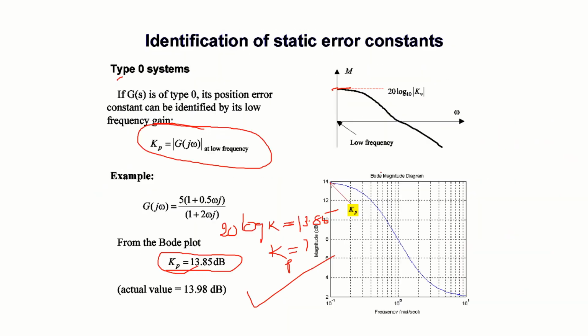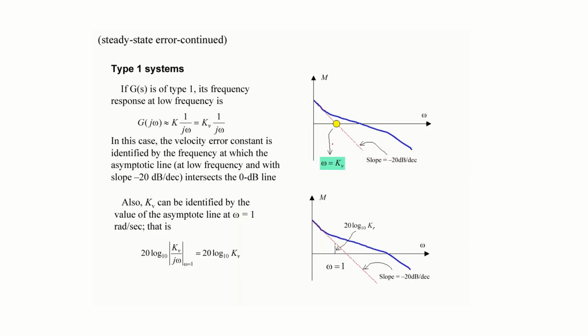Limit s tending to 0 of s g of s. That's why for the minus 20 dB slope, that value you take. Wherever the minus 20 dB line is, just produce that line. Wherever it cuts, that frequency you take. From that frequency we can find Kv.